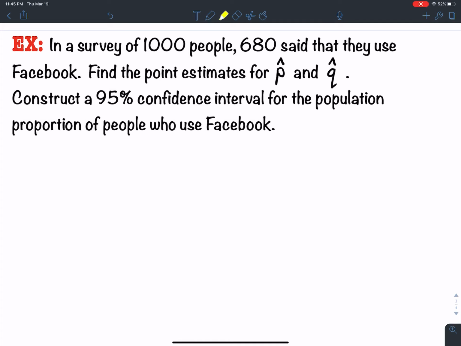First thing I do is I look at the numbers. What is 1,000? 1,000 is how many total people there are. What is 680? 680, we consider the successes. That's how many people say that they use Facebook. So it's a success if you use Facebook.